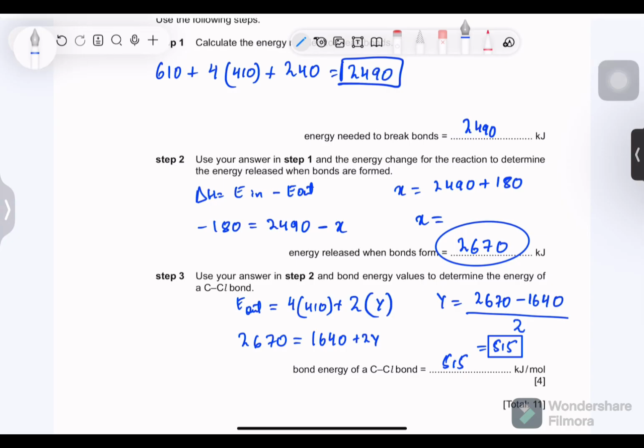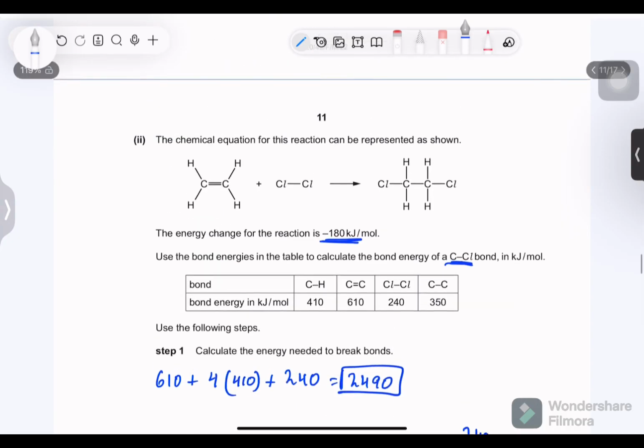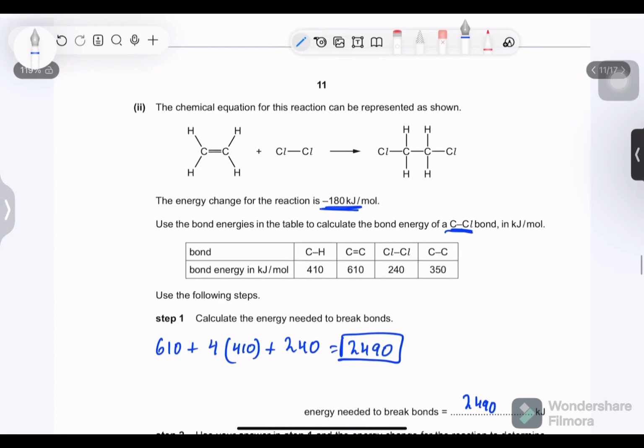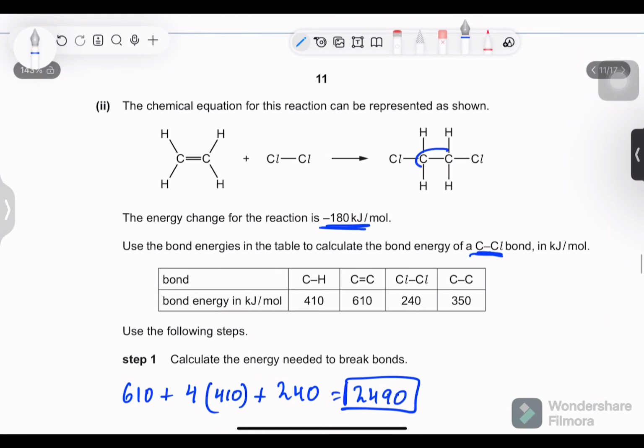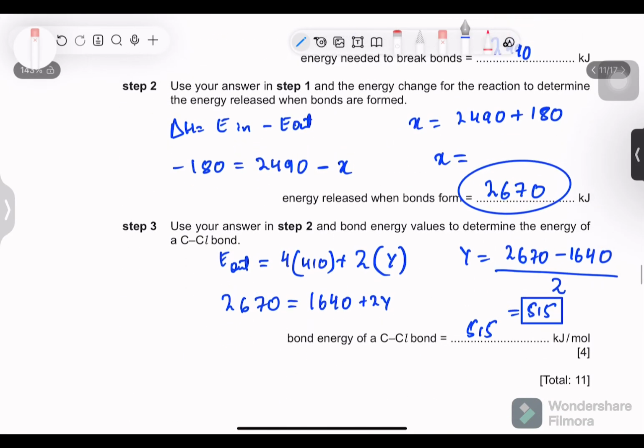Okay, so we missed one bond. We missed this carbon-carbon single bond. The total energy required to break the bonds was 2670 over here.